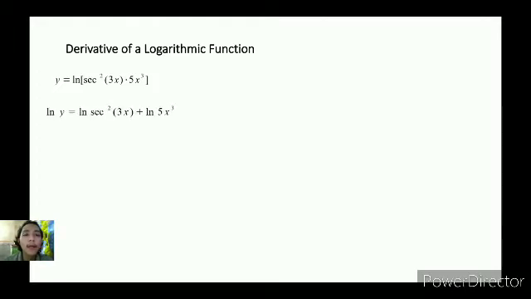We're just gonna apply the properties of logarithms. So we will have now ln of y is equal to ln of secant squared 3x plus ln of 5x cubed.